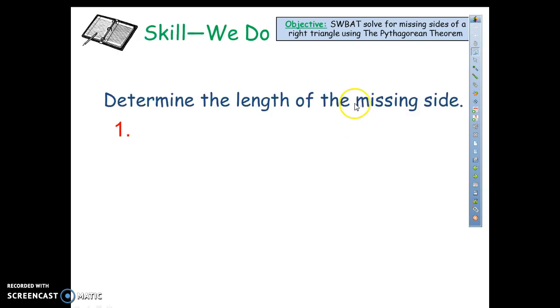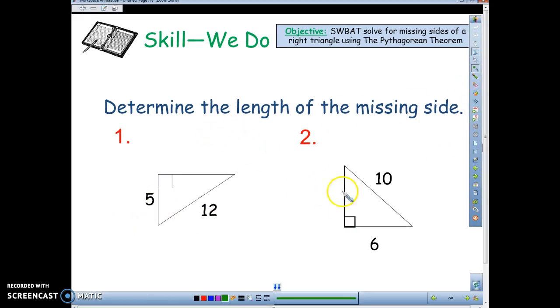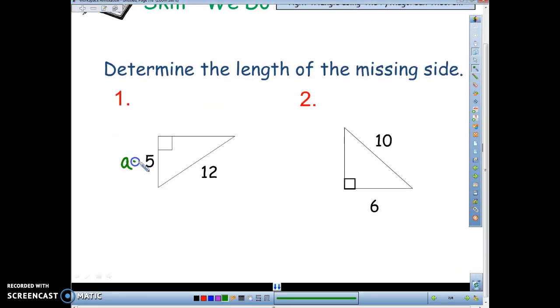Alright, so we're going to go ahead and determine the length of a missing side. For these two problems, please take notes with me. The first thing I'm going to do is label my sides. I'm going to label this side A, I'm going to label this side B, and the side across from the right angle is always C. So now I set up my equation, a squared plus b squared is equal to c squared.